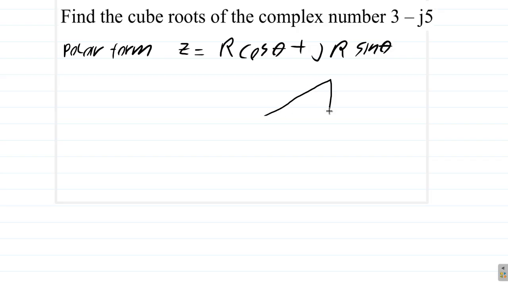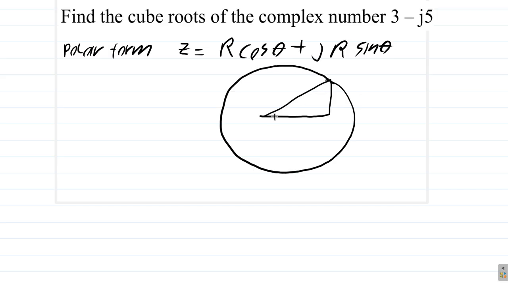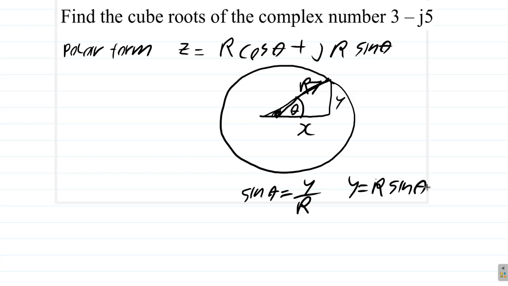You know that if we have a circle, this is the center of the circle, and this is the magnitude of the complex number r. This is angle theta, x and y. Sine theta is opposite, which is y over hypotenuse, so y is equal to r sine theta.